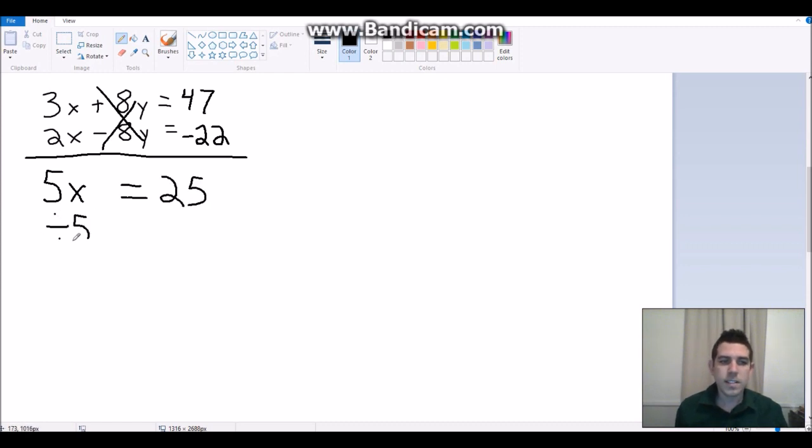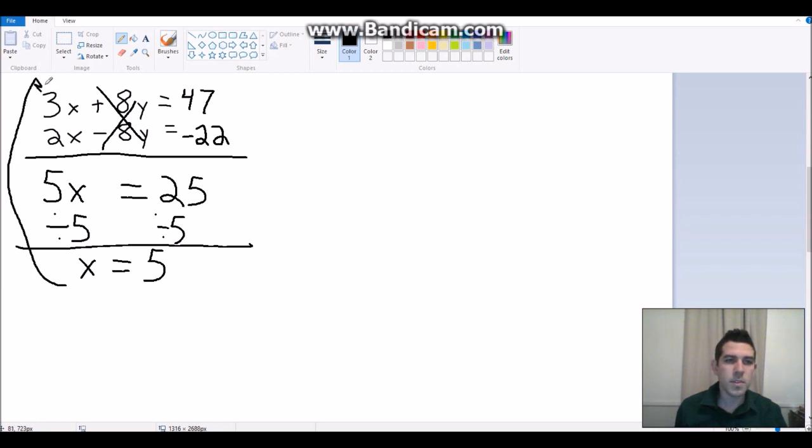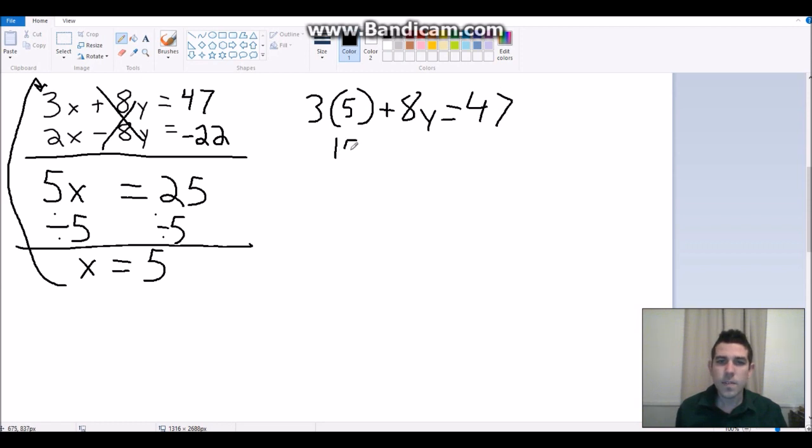We can easily solve this to finish it. The whole goal is to give yourself a nice, easy equation that can be solved for one of the variables. X is 5. Plug it back into the original equation. Doesn't matter which one we choose. 3 times 5 plus 8y equals 47. 15.